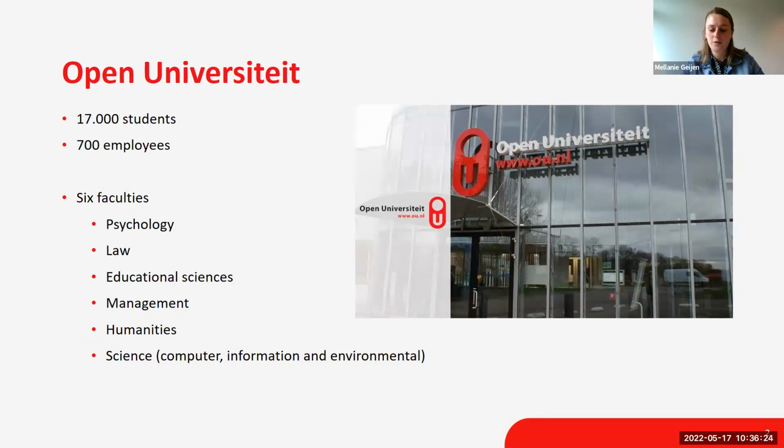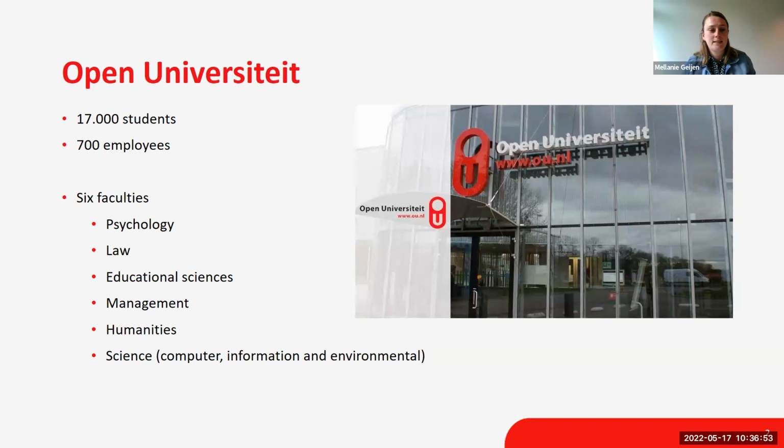It's a really small university, dedicated to online education and research. The head office is located in Heerlen in the south of the Netherlands, but we have multiple study centers throughout the Netherlands. We have approximately 17,000 students who all have online education, so we don't have a campus where they go to study.